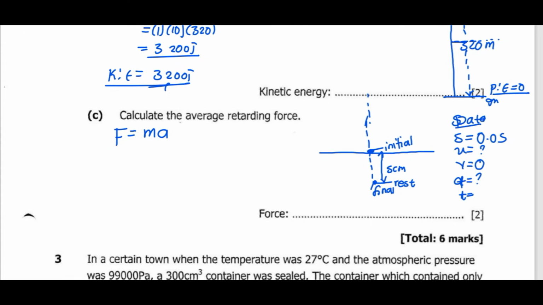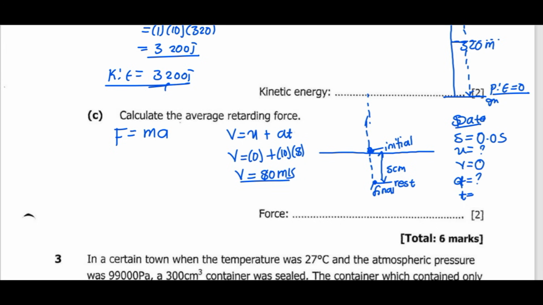We'll say final is equal to u plus at. So final is for when hitting the ground. So the initial at first was 0 plus the acceleration. We know that the acceleration is what? 10. The time that was given was 8. So you know that the final velocity is 80 meters per second.